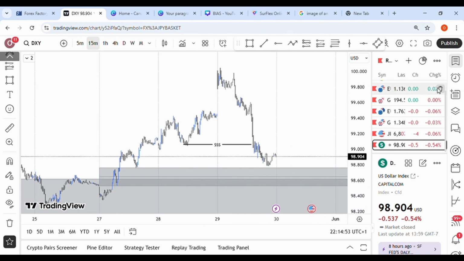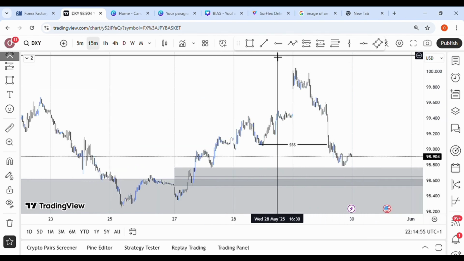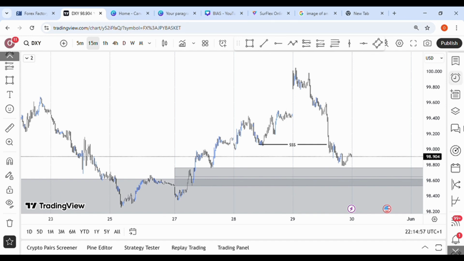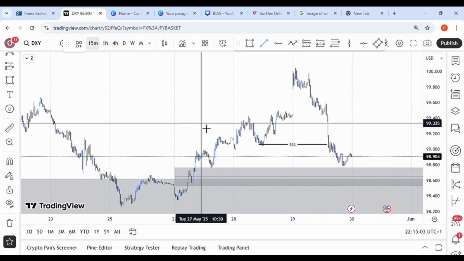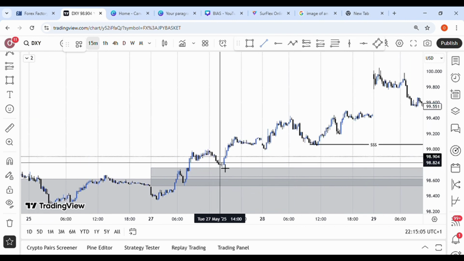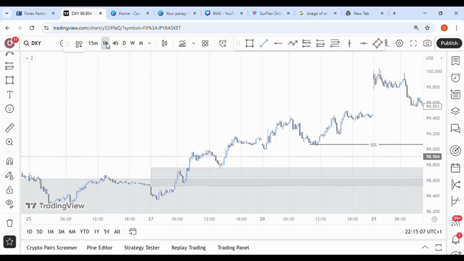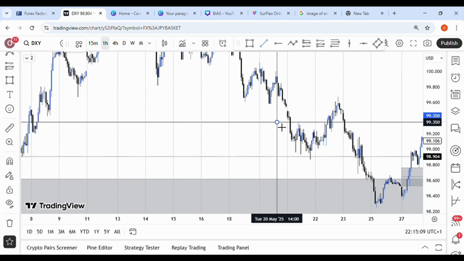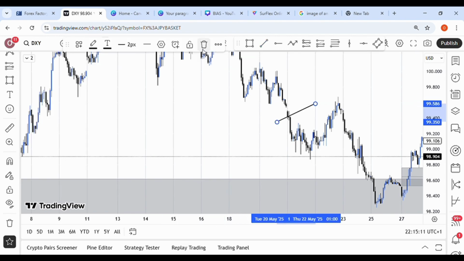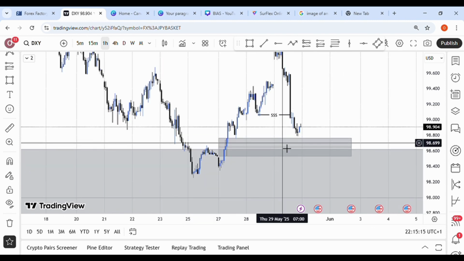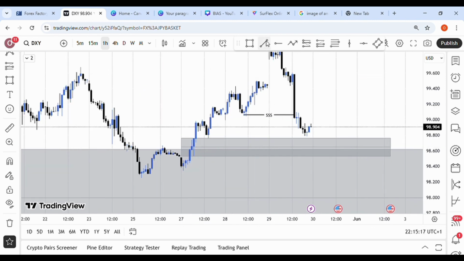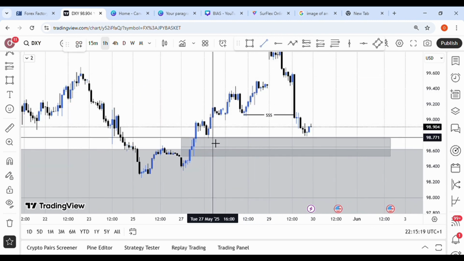Okay guys, I think the mistake is coming from me. Let's mark out our sell side liquidity clearly, so that you guys can understand something.